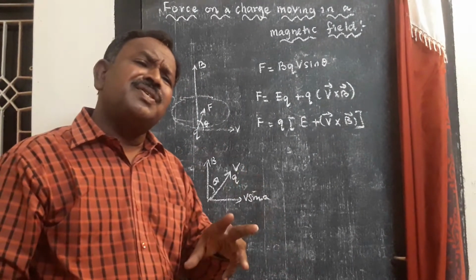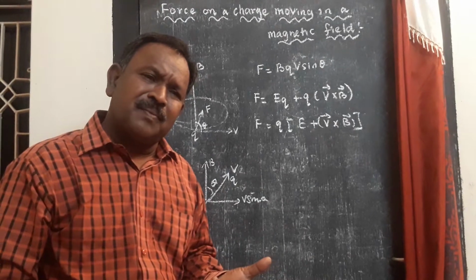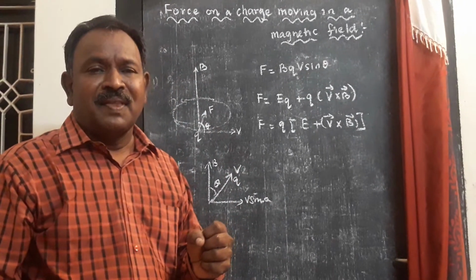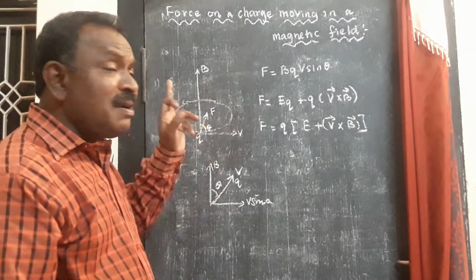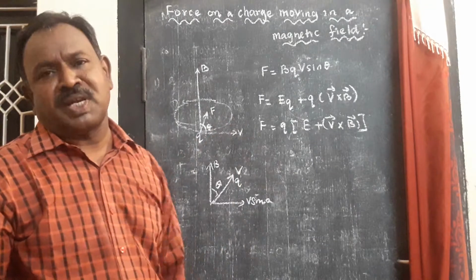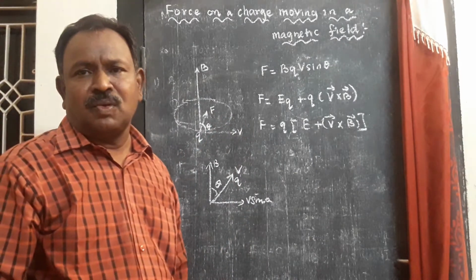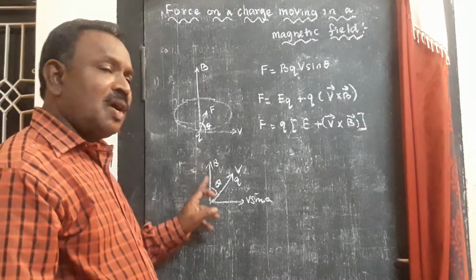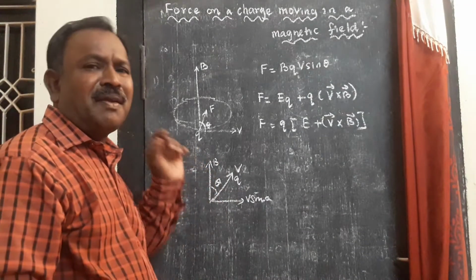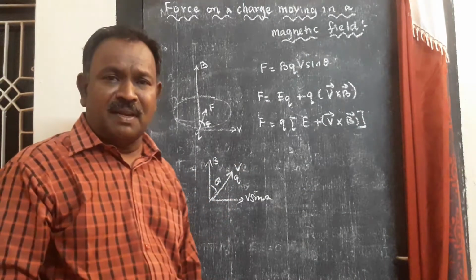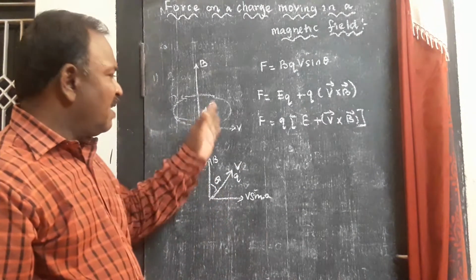Due to this change in the vertical component, the charge will have a spiral type of motion instead of circular motion. So, when the charge moves in a magnetic field with a velocity v inclined with the magnetic field, if it is perpendicular, it will have circular motion.